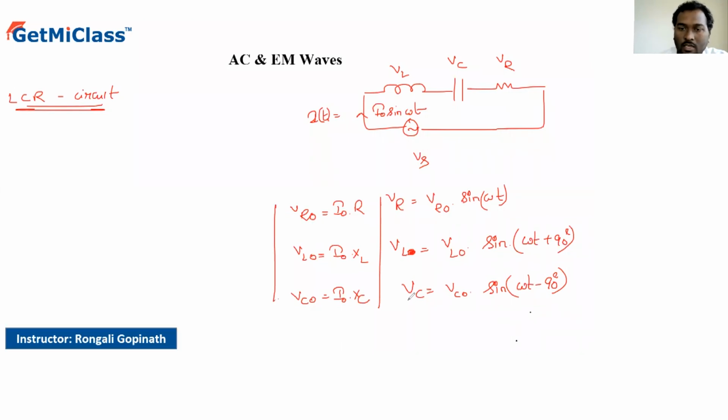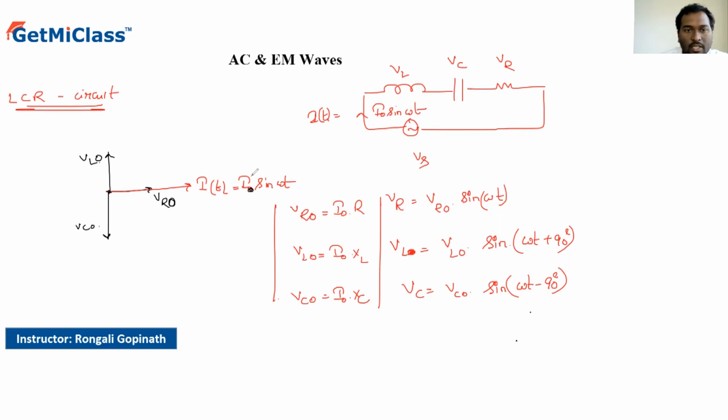Let's try to draw the phasor diagram for this particular circuit. So this is VR and this is also I of t, which is I naught sine of omega t. VL would be upwards because current should lag the voltage by 90 degrees and its length is VL naught. This length is VC naught. This length is VR naught.